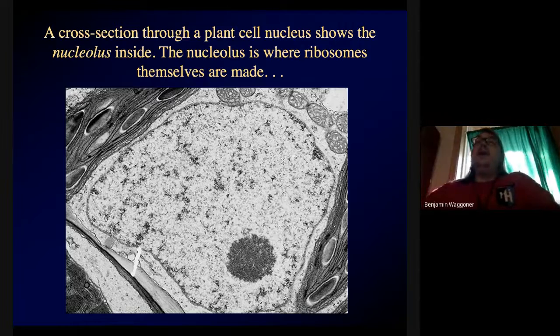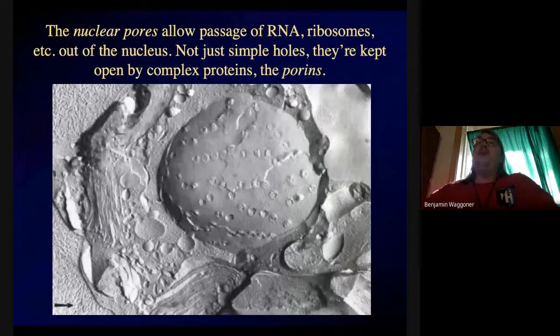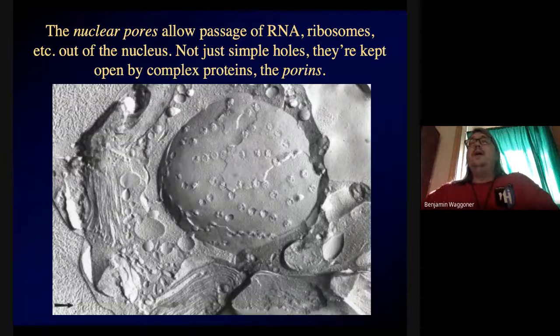And then RNA, ribosomes, proteins, and things like that can get in and out of the nucleus through what are called the nuclear pores. What you're looking at here is kind of neat how they do this. It's called a freeze fracture image. What they're able to do is freeze a eukaryotic cell and then crack it.